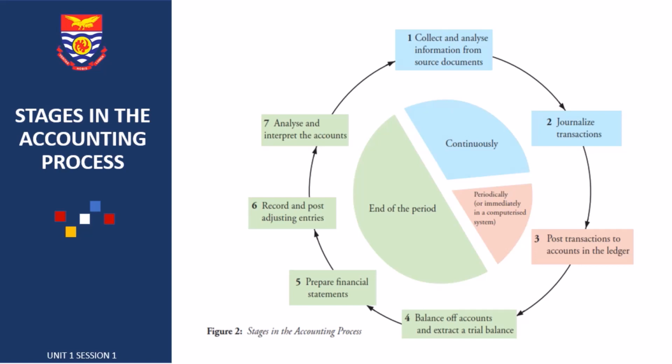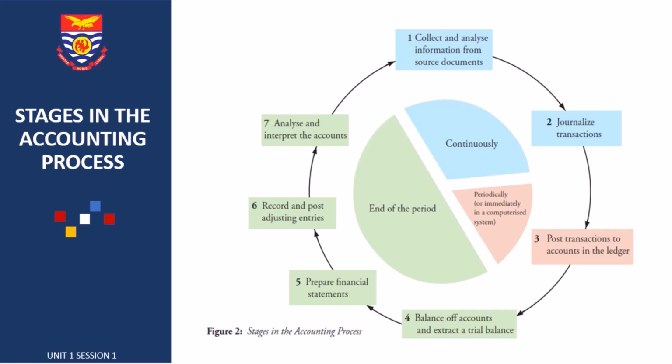In stage 7, we remember we defined accounting and the purpose of it is to help in economic decision making. It is important that the information provided in the financial statements is analyzed and interpreted to give meaning to the figures and to assist in economic decision making.